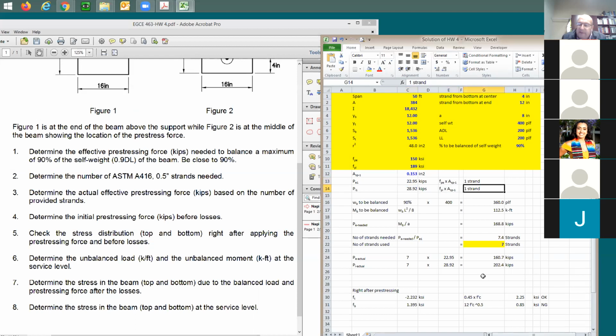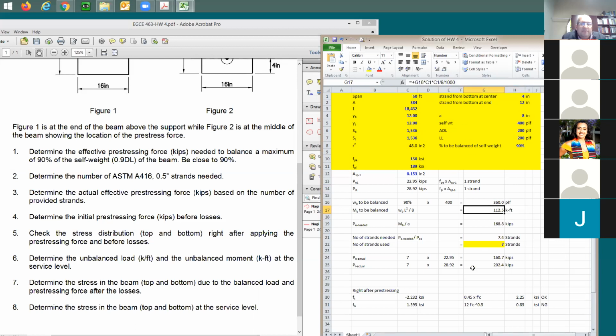How much are you trying to balance again? It says here 90%. So I'm gonna say, okay, 90% of the 400. I'm trying here to balance 360. And I remember that we did this quick math last time. Moment based on this 50 is gonna be equal to W L squared divided by 8, right? And also divided by 1,000 to put it in k-feet.